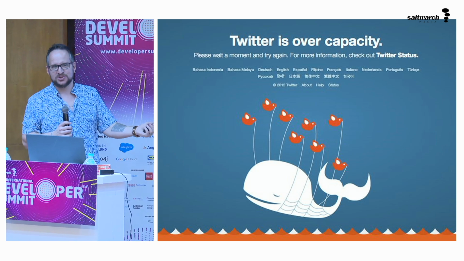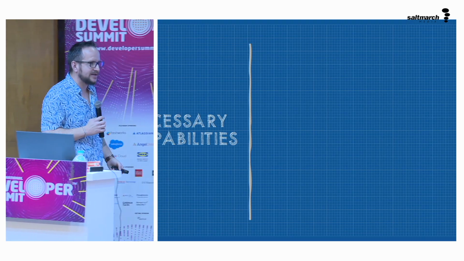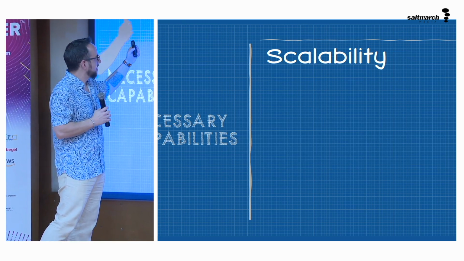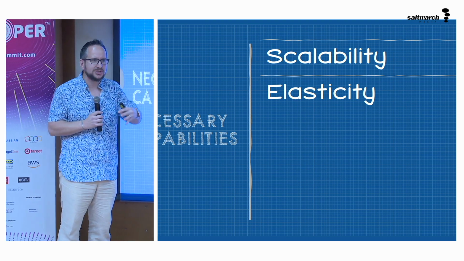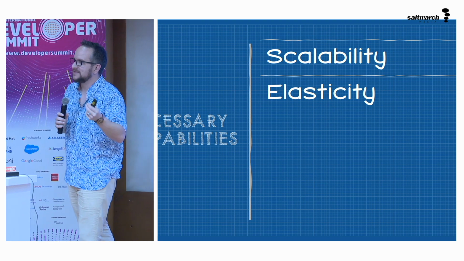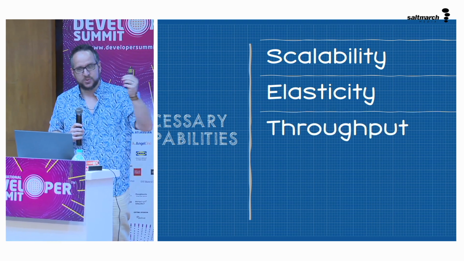And so the features were great, but the capabilities were lacking. What are the capabilities we needed? Well, at this point, scalability, because everybody and their brother and sister is getting on Twitter. We need elasticity, because we can't just over-provision and pay all that money. We're still a startup. We still have limited funding, limited runway. We definitely need throughput. Lots of these tweets are coming and going.